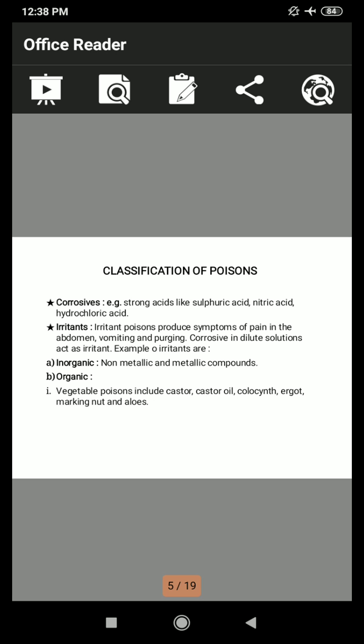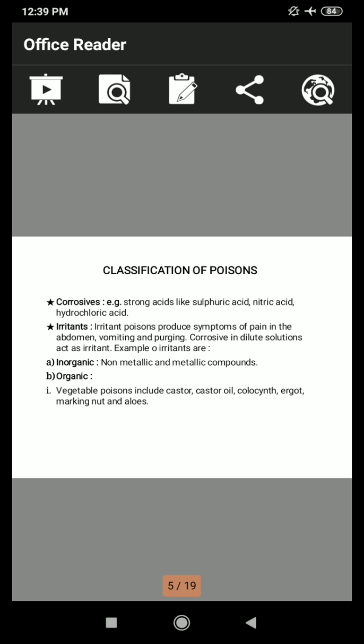Then irritants: inorganic, organic, and mechanical poisons. Inorganic poisons are non-metallic and metallic compounds. Non-metallic poisons are phosphorus, chlorine, bromine, iodine, and boron. Metallic poisons are arsenic, antimony, mercury, silver, iron, copper, bismuth, and lead.